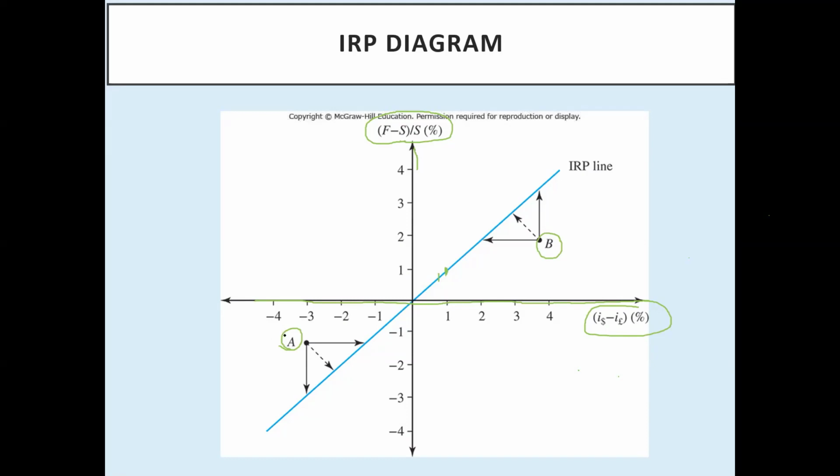So for example, if we look at this point here, which is A, on the vertical axis, it will be minus 3%, okay? So the difference in the interest rate for A is minus 3%.